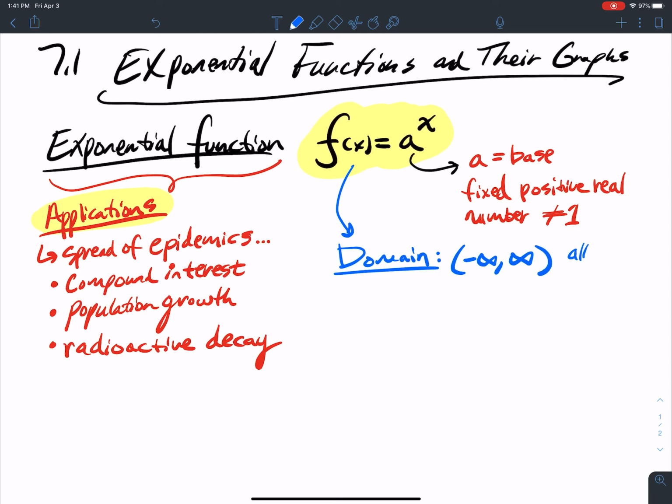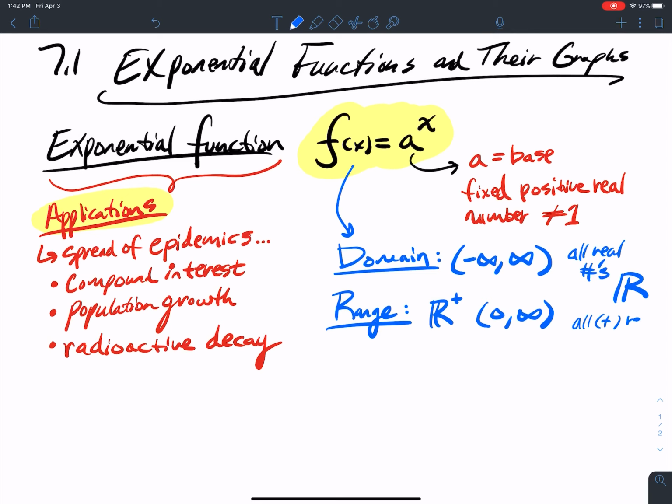So all real numbers, or R if you want to just put R. The range typically, as long as we don't shift it up or down, is R positive. What is that? That's from 0 to infinity, not including 0, not including infinity. All positive real numbers.